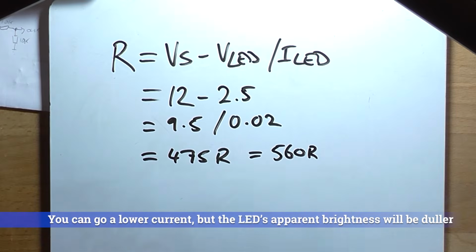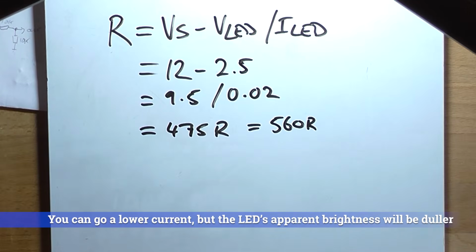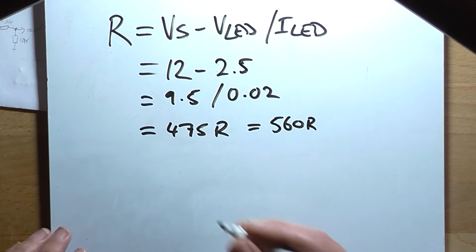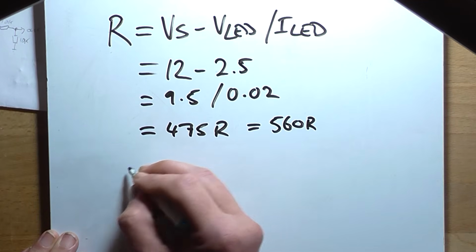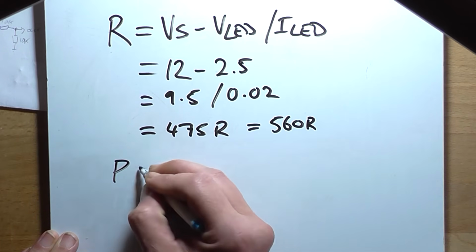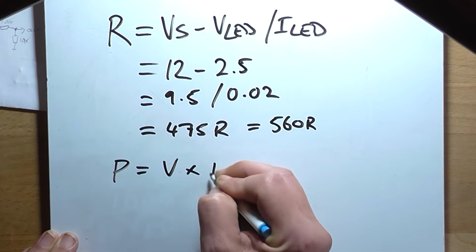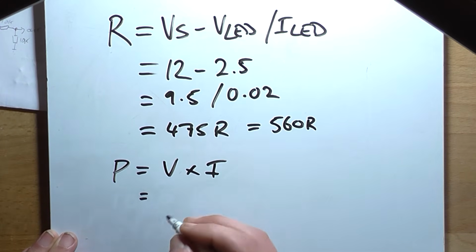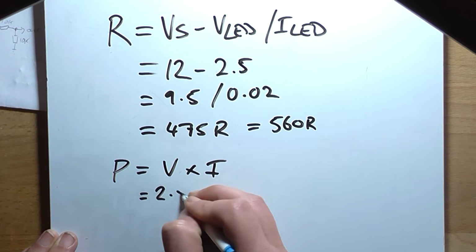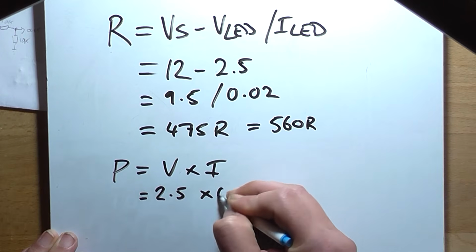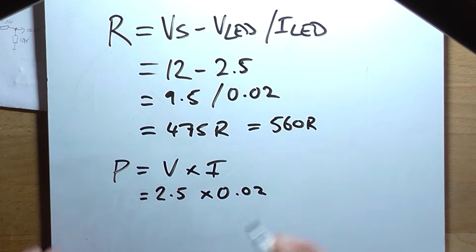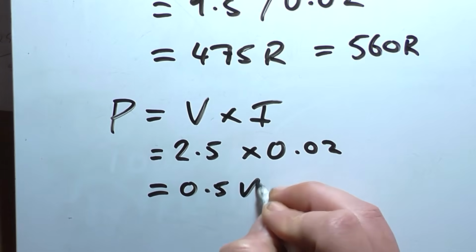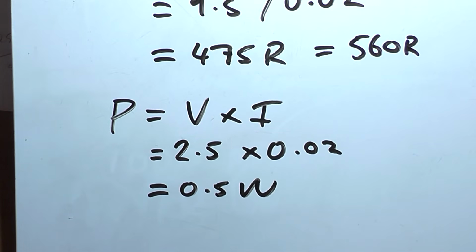So then we need to know what the power handling of the resistor is at this particular voltage and current. So we can use the power law, which is P equals V times I. So this is going to be the voltage of the LED, which is 2.5, multiplied by its current, which is 0.02, which equals 0.5 watts exactly, so half a watt.